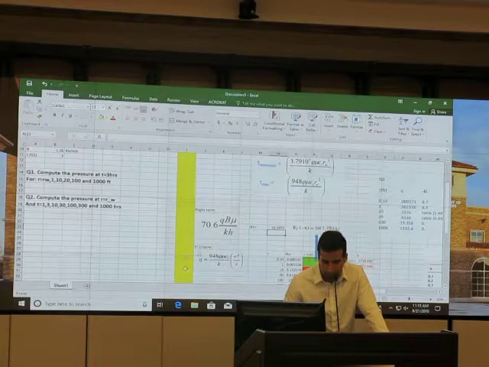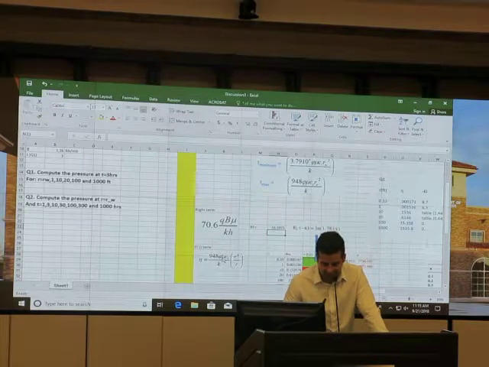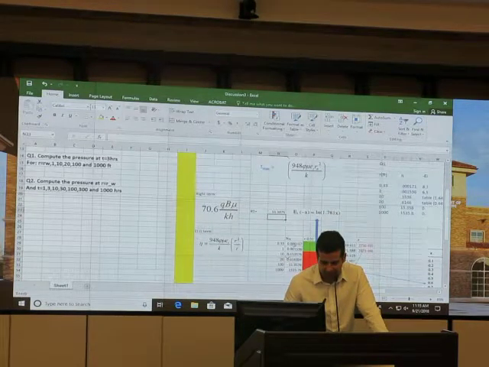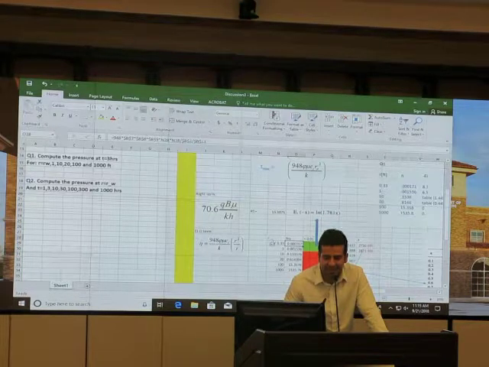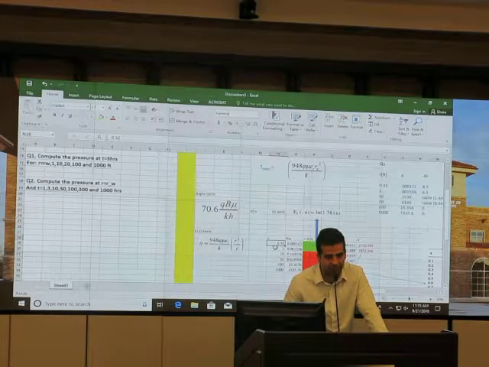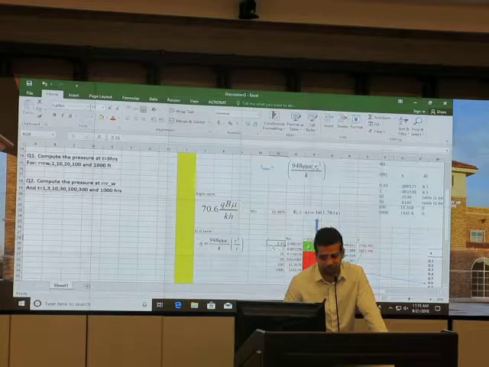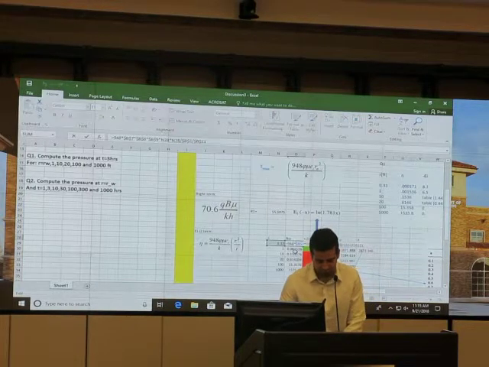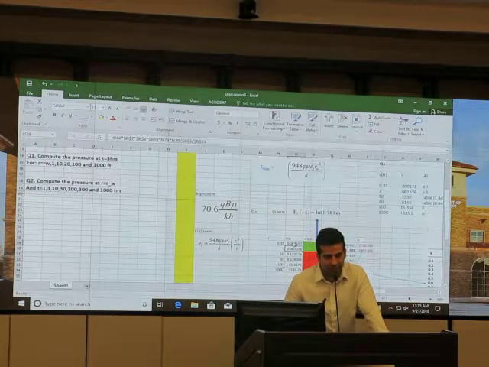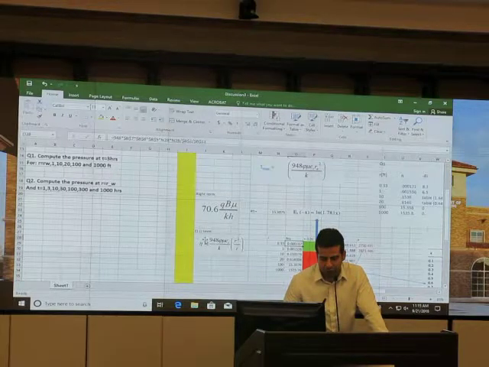I define mu as this parameter, and I put it based on the given r or radius. Does it make sense? So you just put your mu over here and calculate it based on different r.